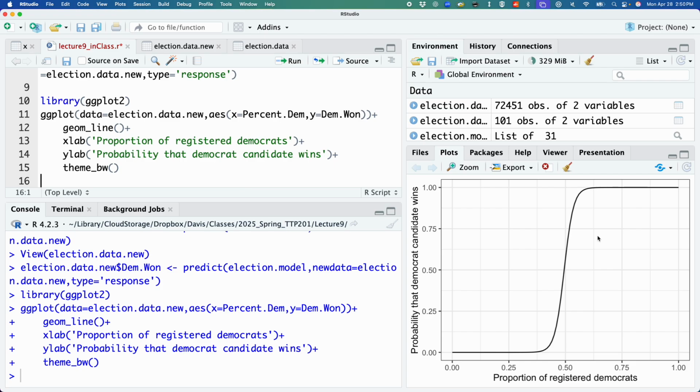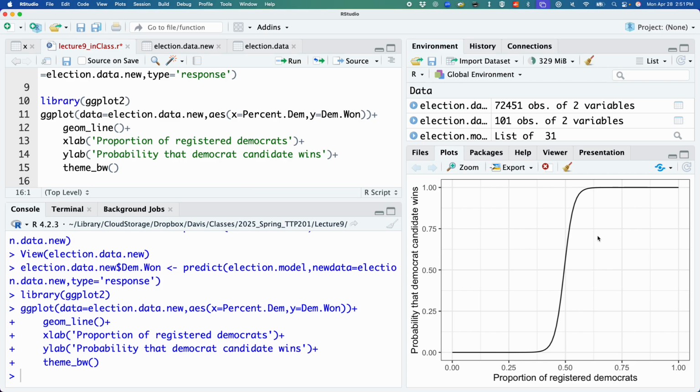And actually, there's one thing. There are two outcomes, right? So we have a binary set of results. One in which the Democrat won, and one in which the Democrat lost, right? And so this is showing when the Democratic candidate wins. What about that other result?